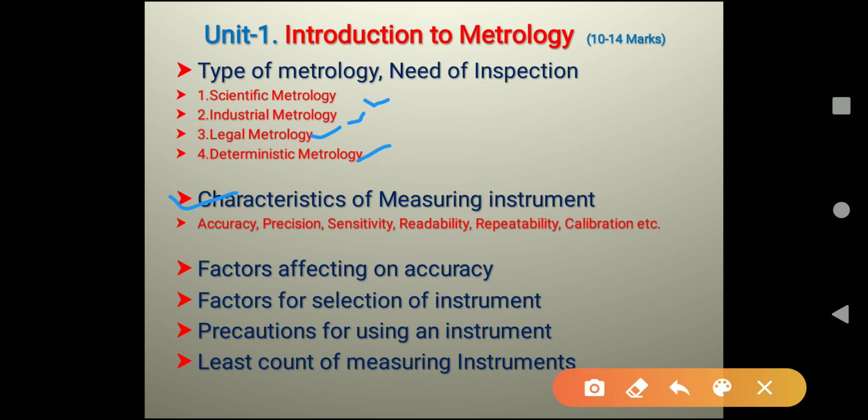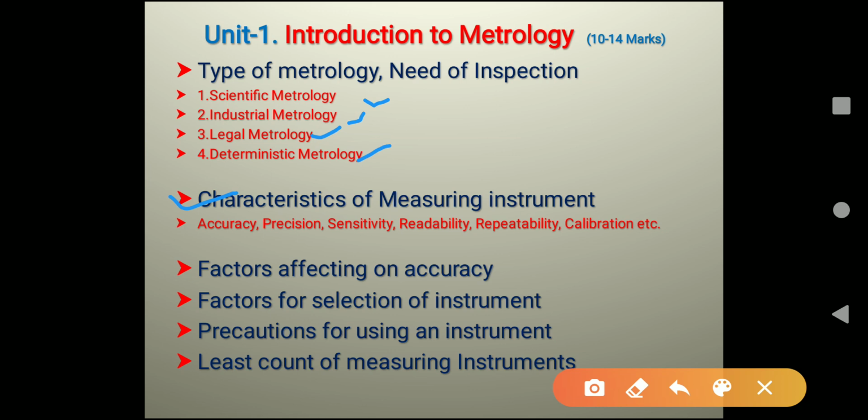That is the main question from the exam point of view. So what kind of questions will be asked in the exam? Differentiate between precision and accuracy, or differentiate between precision and accuracy and give an example for each. Such questions will be asked in the exam for 4 marks.